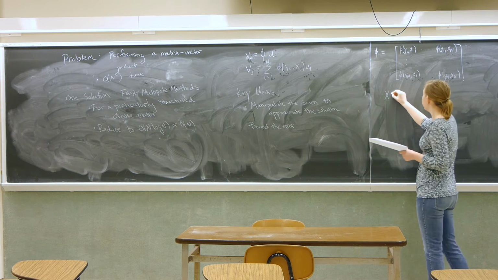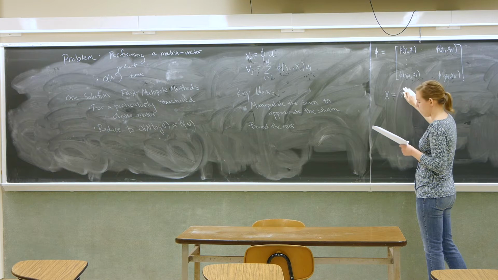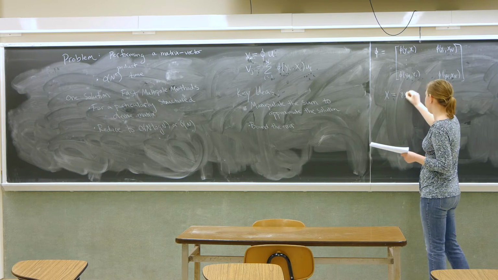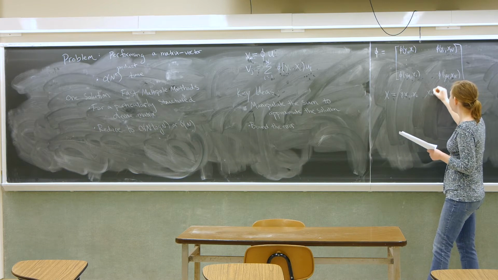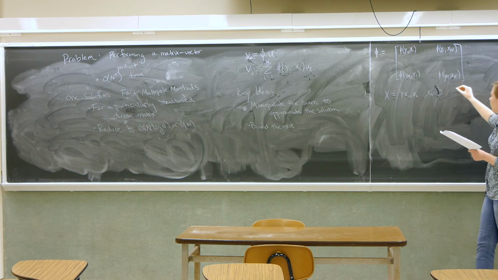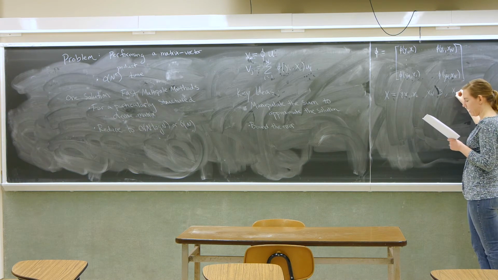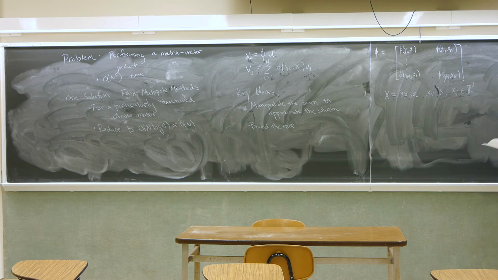X is the vector, maybe not a vector, maybe it's just a set of points. I think either way you can think of it. So x1 through xn, where the xi are in some real space.